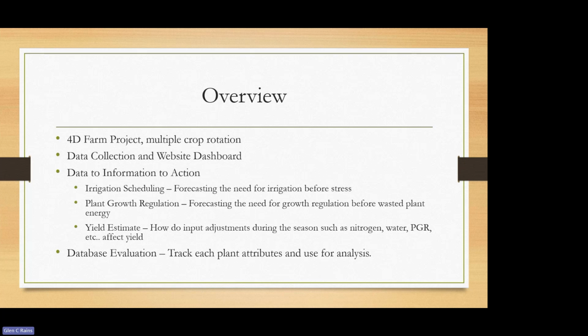So the data that I'm going to talk about primarily is on irrigation scheduling. How do we forecast the need for irrigation before stress is apparent in our crops? Plant growth regulation. So again, it's forecasting the need for plant growth regulation before the energy is not properly utilized by the plant.